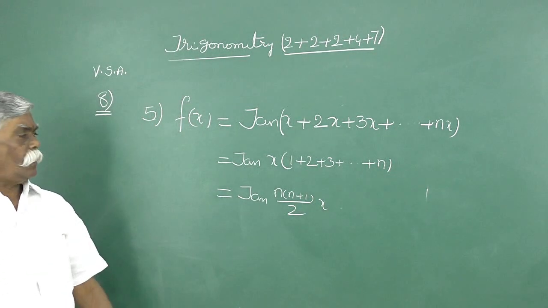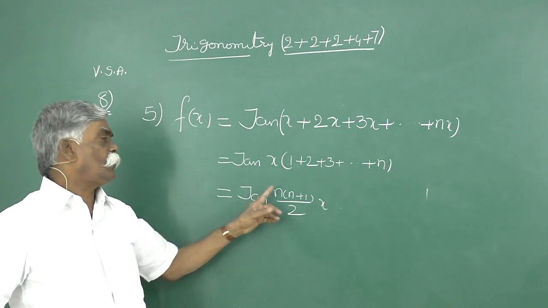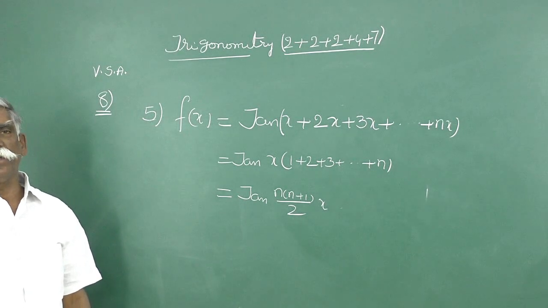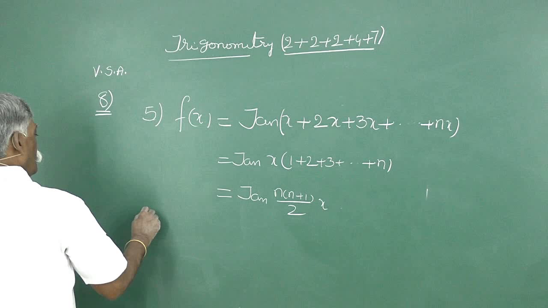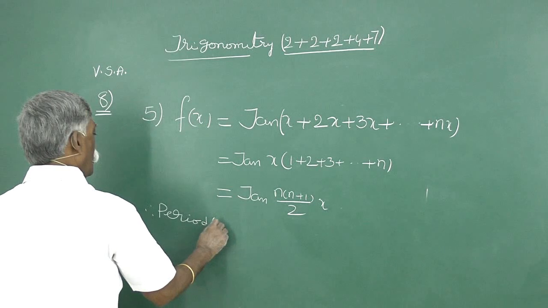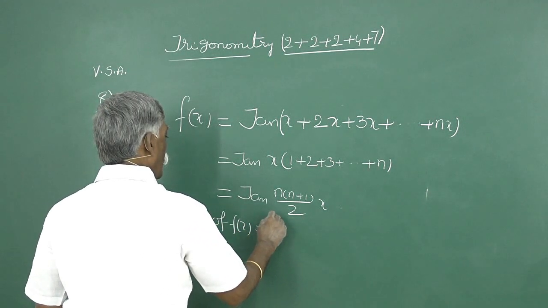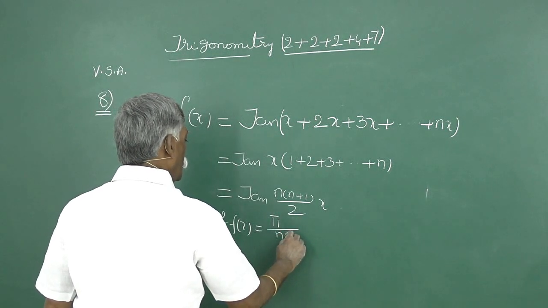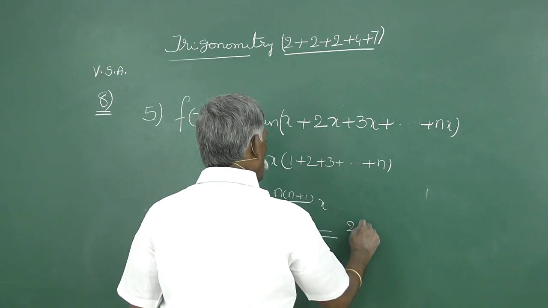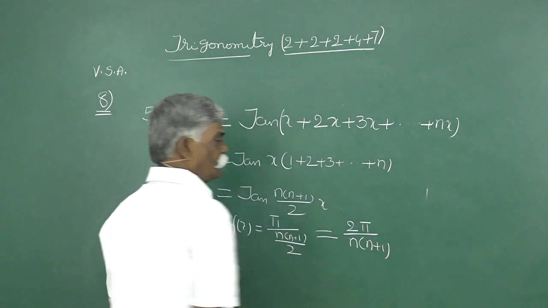Sum of first n natural numbers, n into n plus 1 by 2. So the given problem is tan of n into n plus 1 by 2 into x. And for a tan function, the period is pi. Therefore, period of f of x is equal to pi by n into n plus 1 by 2, which is equal to 2 pi by n into n plus 1.